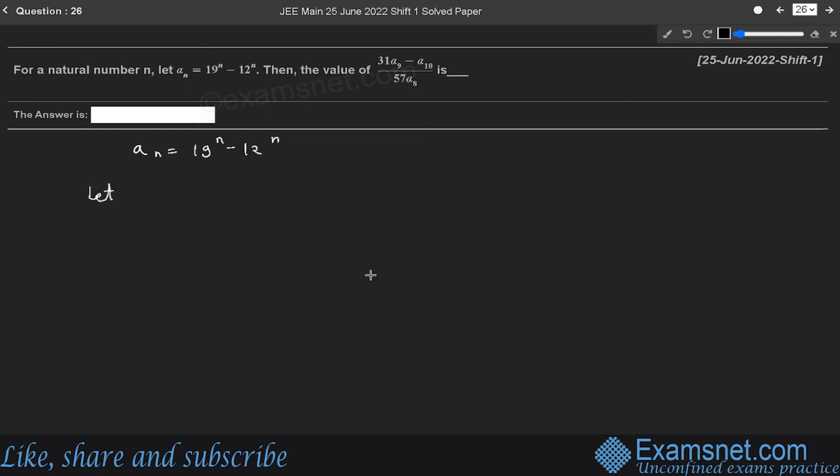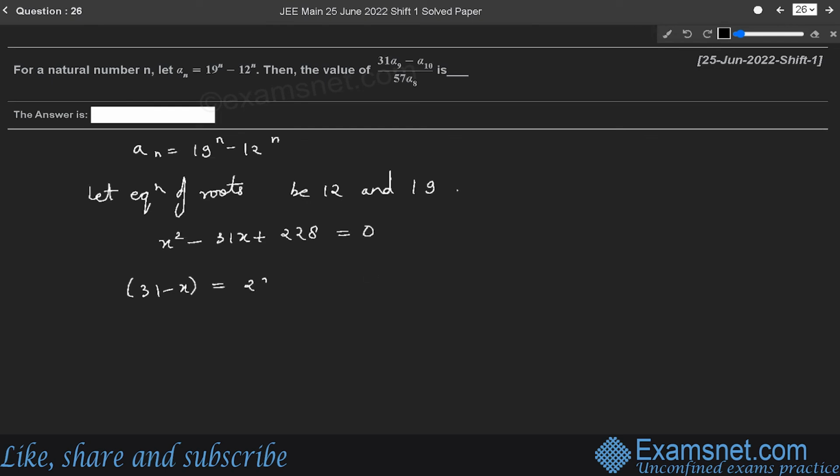Now let the roots of an equation be 12 and 19. We are supposing them as the roots of the equation x^2 minus 31x plus 228 equals 0. So 31 minus x will be equal to 228 upon x, where x can be either 19 or 12.